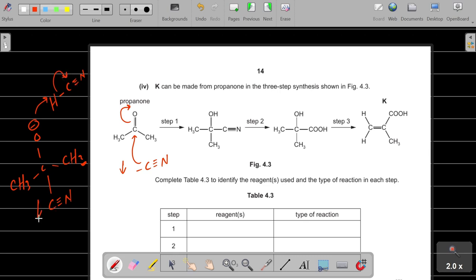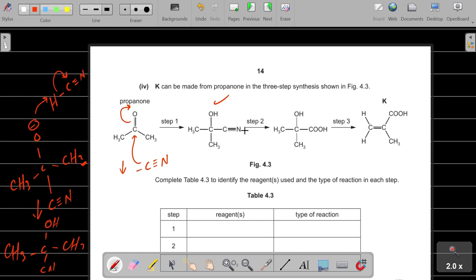So you will get the final product like this: CH3, carbon with OH, with this CH3, and here we have C triple bond N. So it is the product. Okay, now understand the mechanism of step 1.